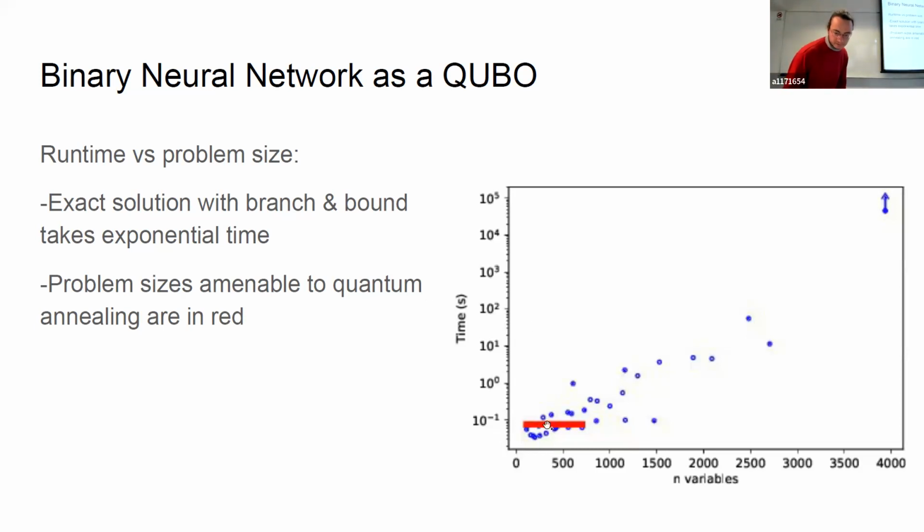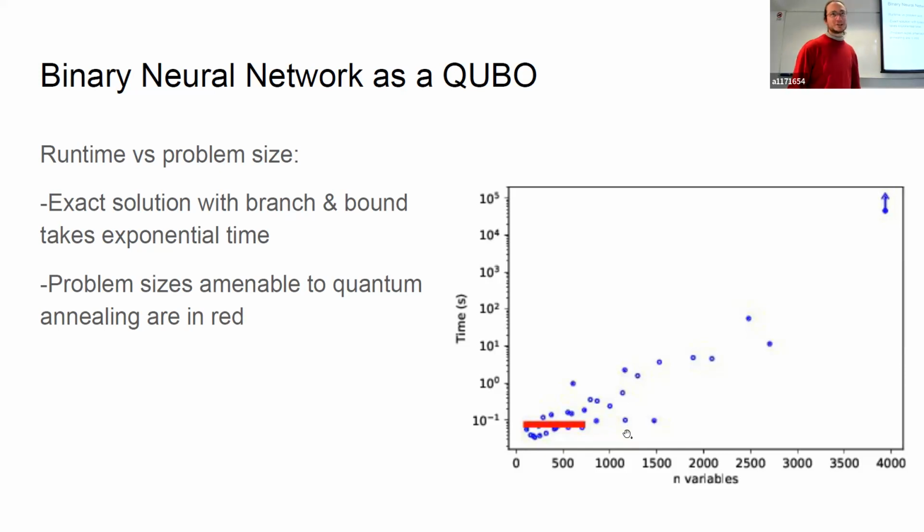And the red bar here is how much time it takes to run on the actual quantum annealer for the same problem size. And the red bar only goes up to here, because above this size, that's the biggest quantum annealer available, right? And keep in mind that more or less every couple of years, they come up with a machine that is roughly twice as big. So now they already have a machine that is maybe 70% bigger. So this bar would go a bit further, right?